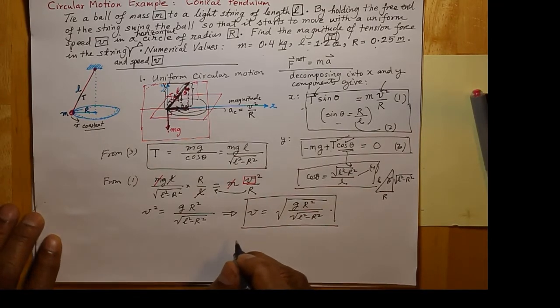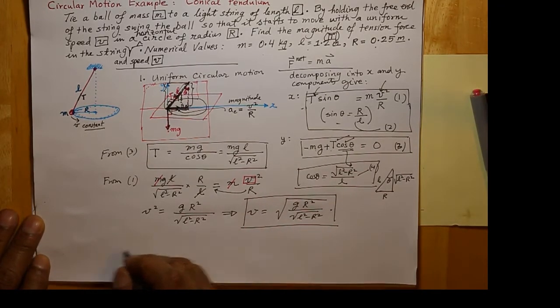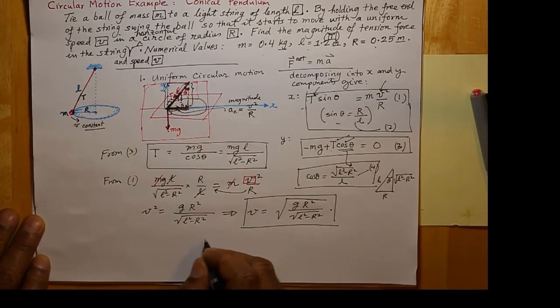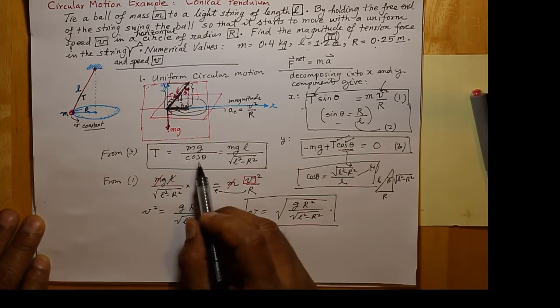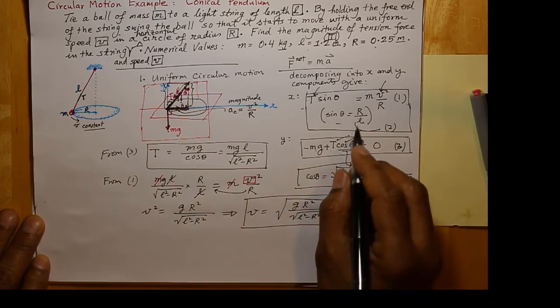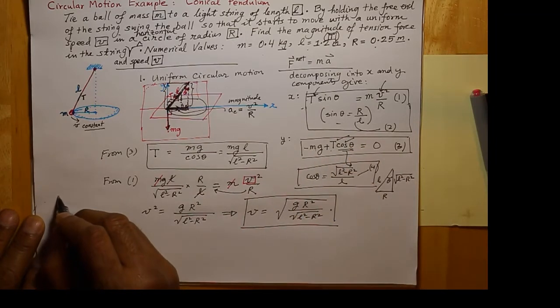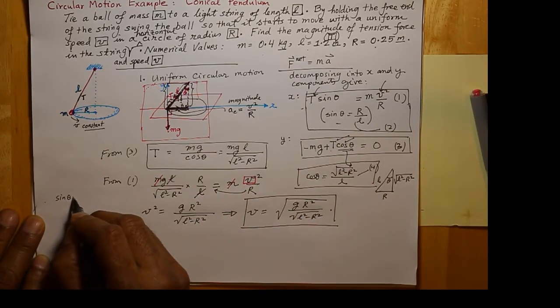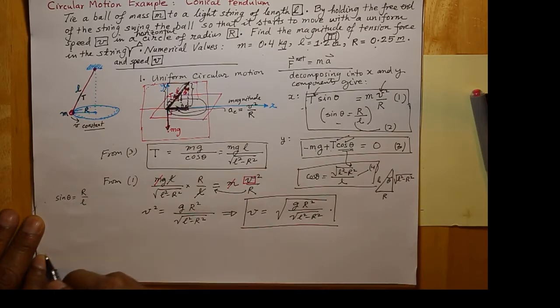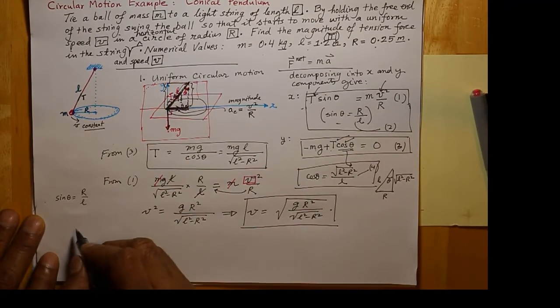To get the numerical values, it's sometimes better to actually work with sine theta and cosine theta. So for instance, sine theta is R over L, and so we could have found this already.